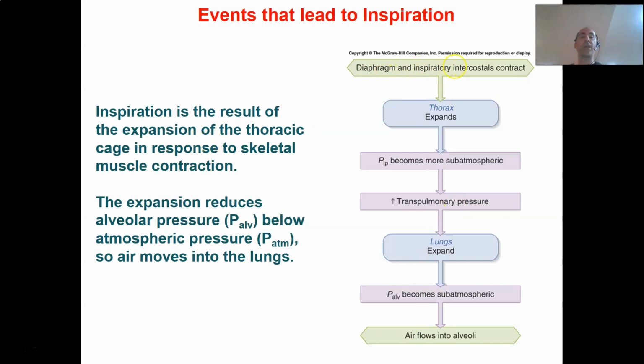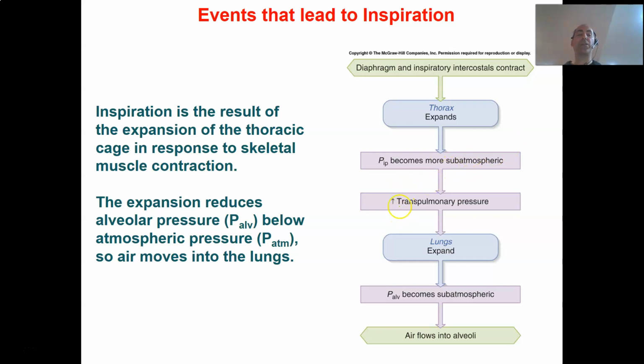The diaphragm and the inspiratory intercostals contract. The thorax expands. The rib cage expands, right? The intrapleural pressure becomes subatmospheric. Remember, the intrapleural pressure is always negative, so it drops even more.